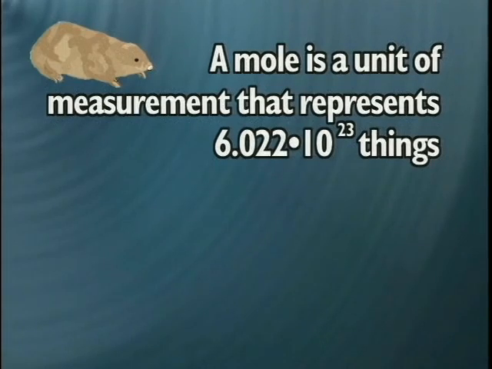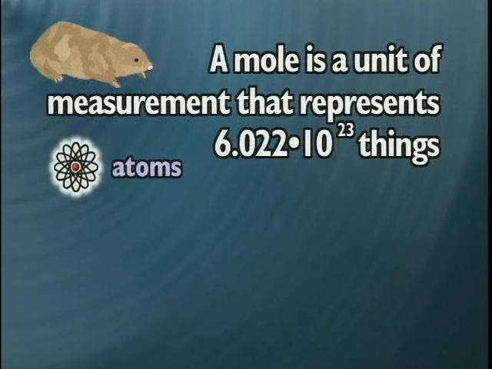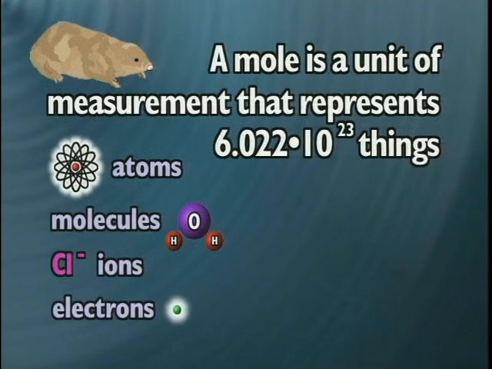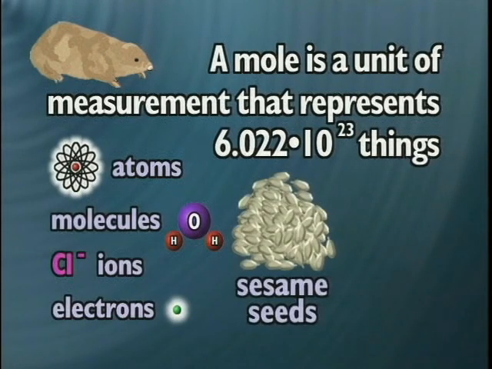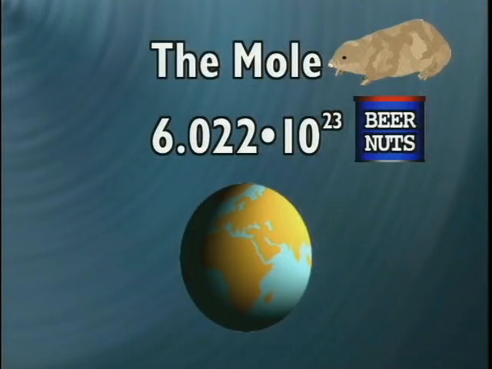A mole is a unit of measurement that represents 6.022 times 10 to the 23rd things. Yes, things. Moles are designed to measure atoms, molecules, ions, electrons, sesame seeds, or tiny things like that. But if you wanted to, you could talk about a mole of beer nuts.